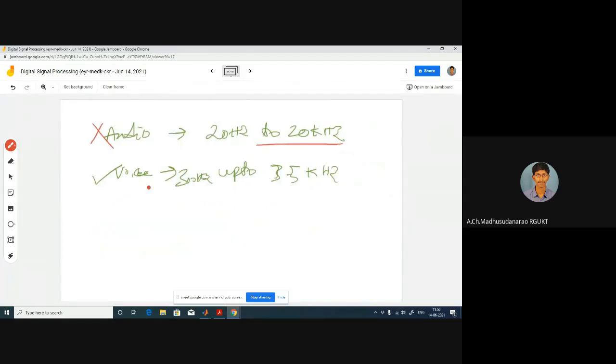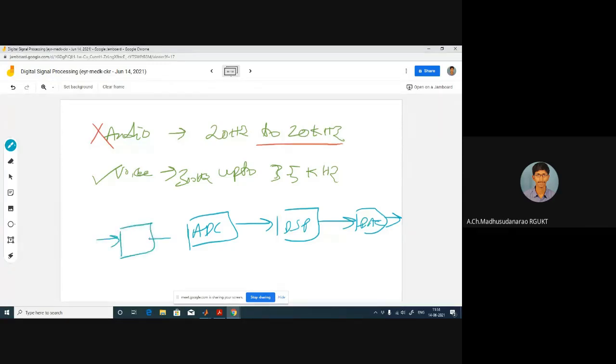I'll try to ask a question. Let me have an ADC and DSP, where Fs equals 10 kilo samples per second. This is my x of t, where x of t is an audio file.